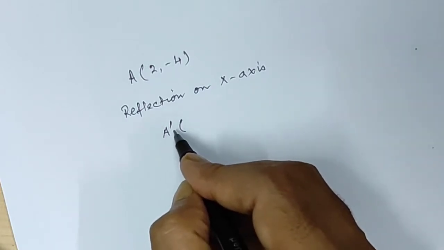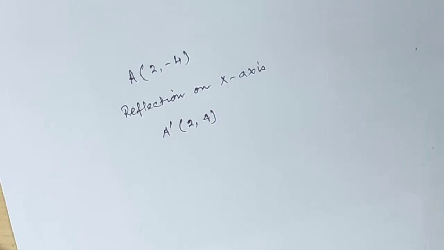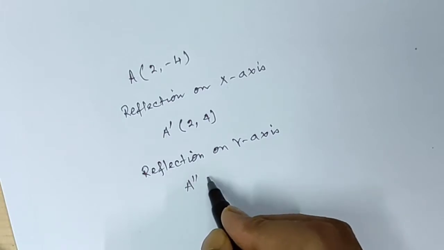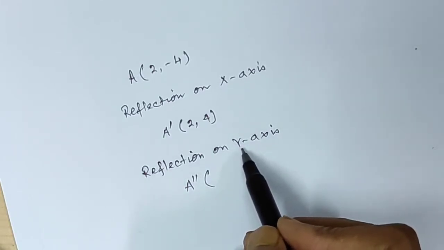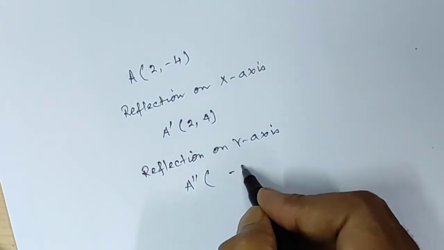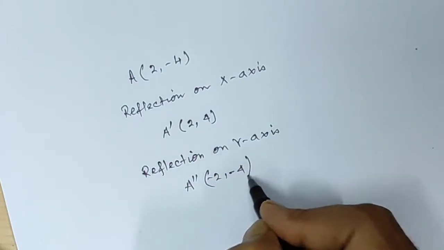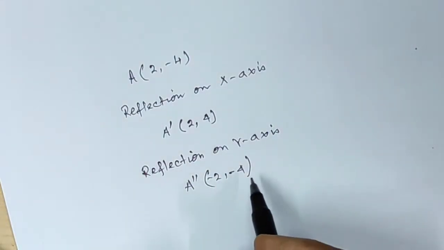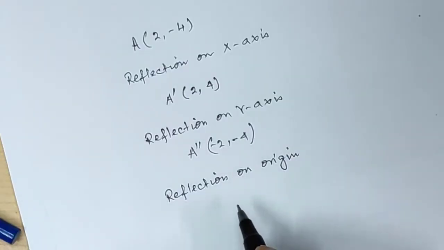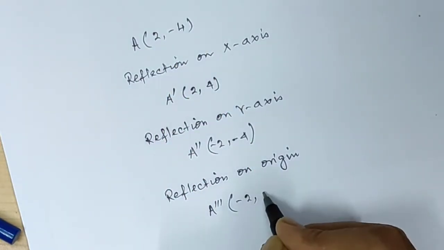If the image is A dash, then (2, 4) will be the reflection. It can be written as A double dash on y axis. Therefore, this value will not change, minus 4 will remain minus 4, but the abscissa will change, (minus 2, minus 4) will be the reflection on y axis. Abscissa and ordinate will change.